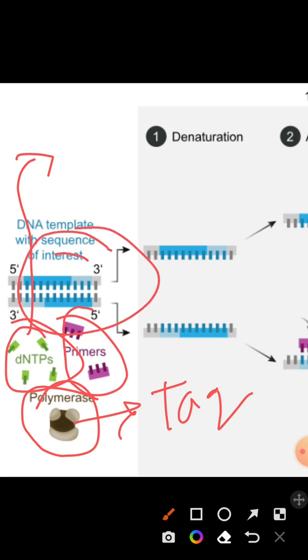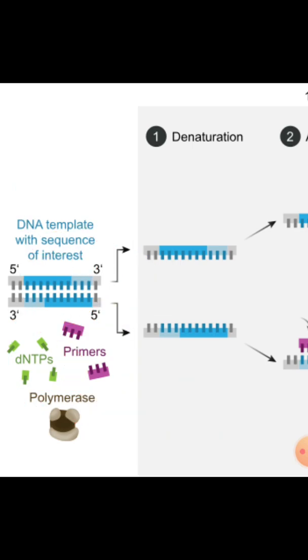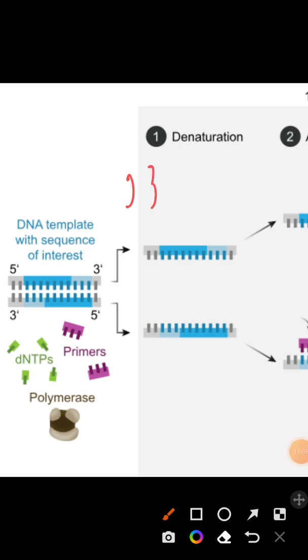Remember, here the sky colored portion is your gene of interest and the gray colored portion is the unwanted part. So the first step is the denaturation step or melting step, which for the mammalian genome is near about 93 to 95 degrees centigrade.